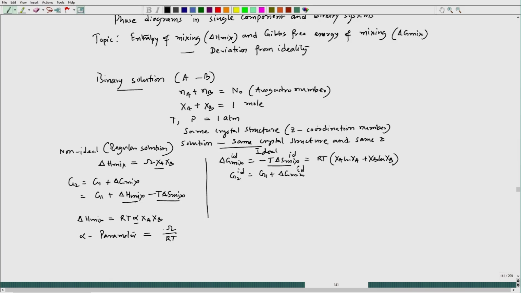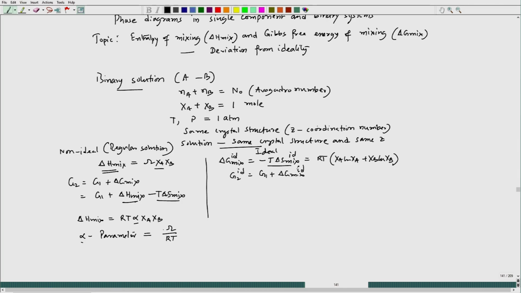So, that is what we have understood, and the consideration of alpha helps us when we try to plot del Hmix. We can take alpha to be some smaller quantities like 0 when it is ideal, it can be 0.5, 1.0, 1.5, like that we can increase in small steps, and we can also have negative quantities.